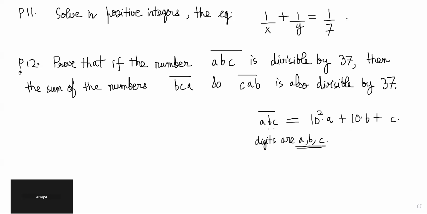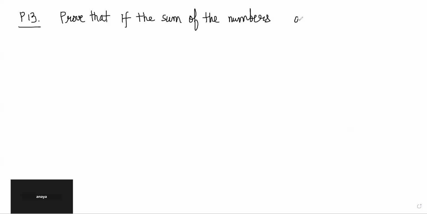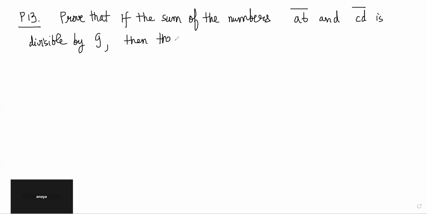Okay, so then problem 13 is prove that if the sum of the numbers AB, again with a dash, and CD is divisible by 9, then the number ABCD with a dash is also divisible by 9.